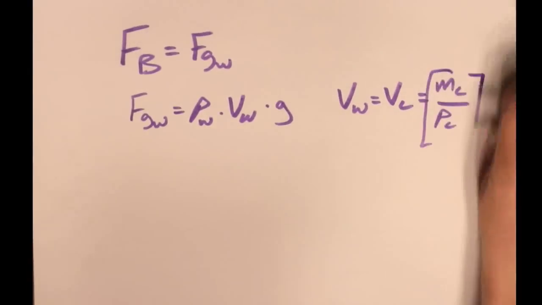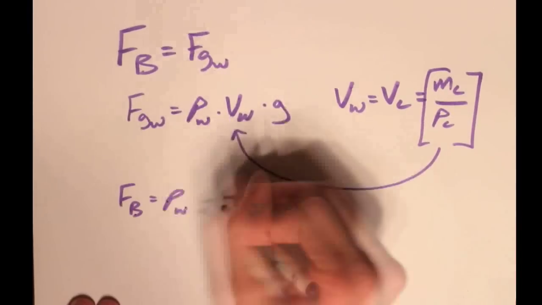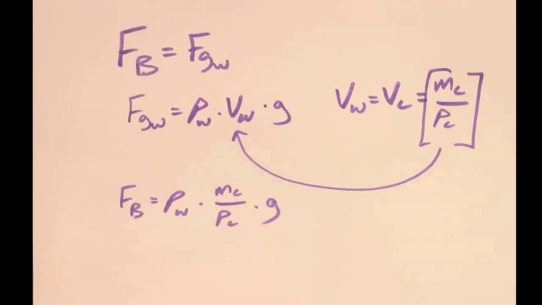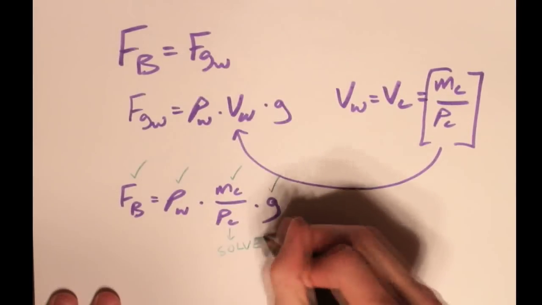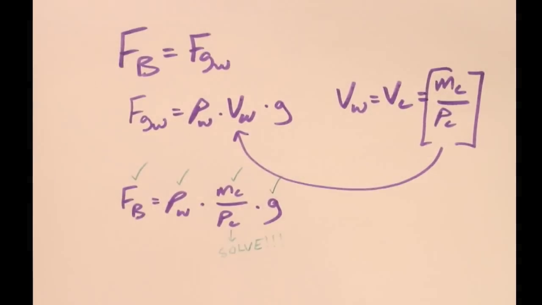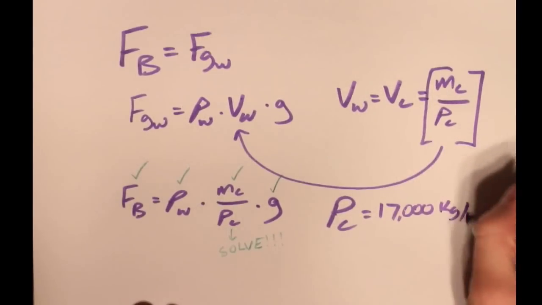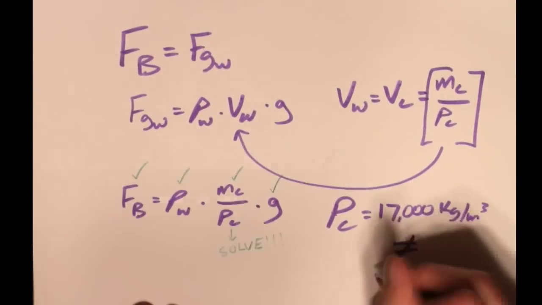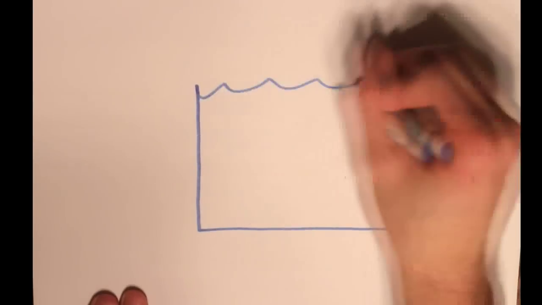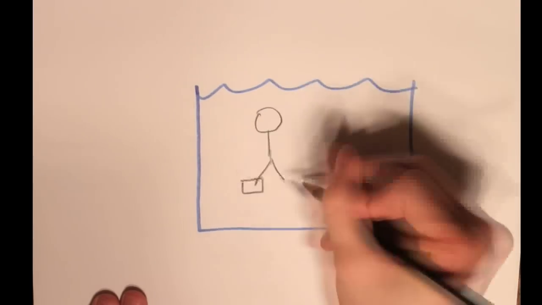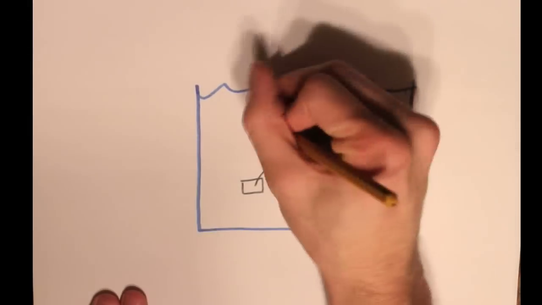So we have mass of the crown over density of the crown. And eureka! We can solve for the density of the crown because everything else is known. Now, working this out, you get a density of around 17,000 kilogram per meter cubed, which is not gold. This might have made a very happy Archimedes, but a very unhappy blacksmith.